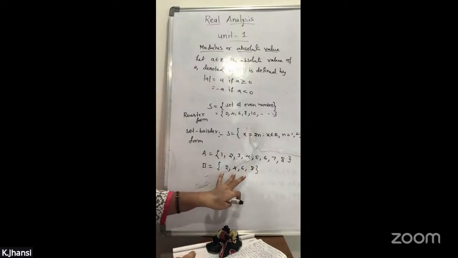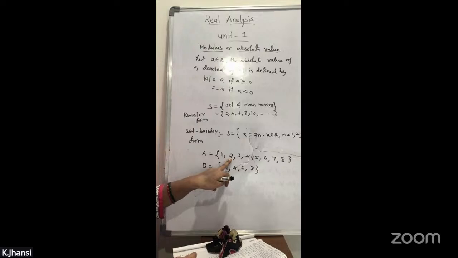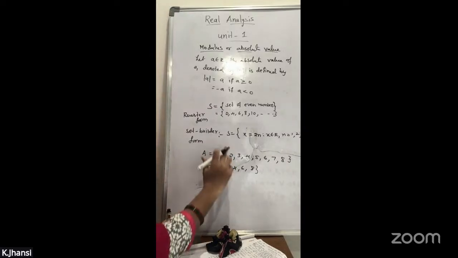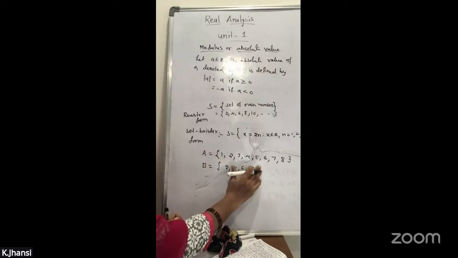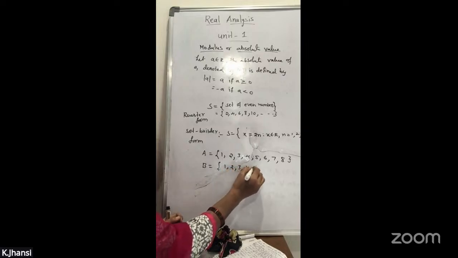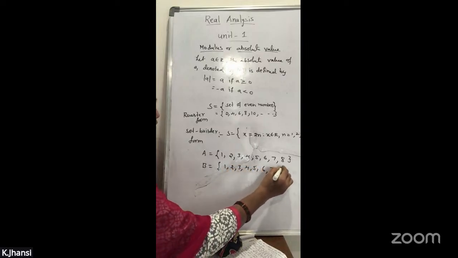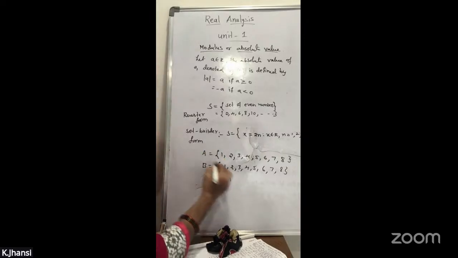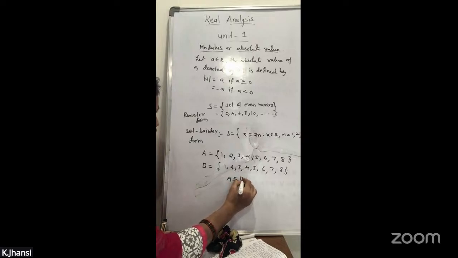Means whatever these elements are there, these are present in A. Then we call the set B a subset of A. Okay. So if you write the same elements, means B also 1, 2, 3, 4, 5, 6, 7, 8, whatever elements are present in set A, same elements you have in set B, then we can call it set A is subset or equal to set B.